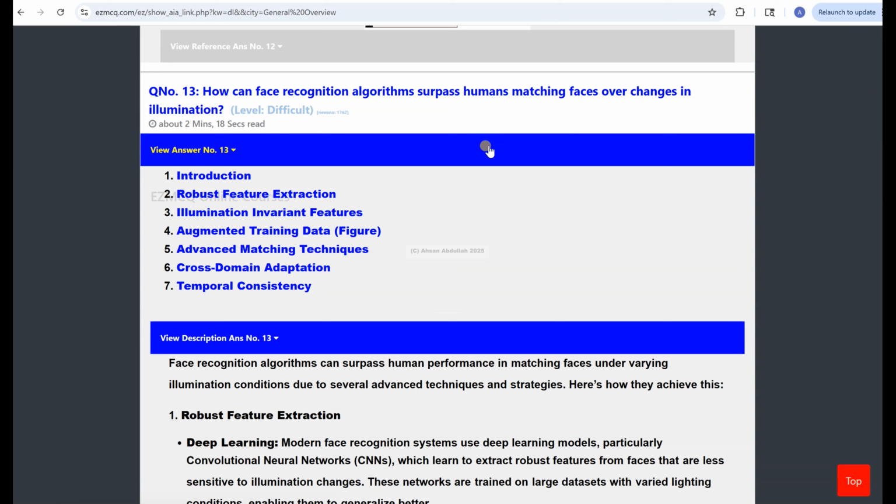Now the problem with us humans is that we are sensitive to what is called visual noise, and that hinders our recognition. That is not the case for machines. The algorithms used in reinforcement learning use consistent patterns which are not affected by illumination, and the training is across diverse conditions.